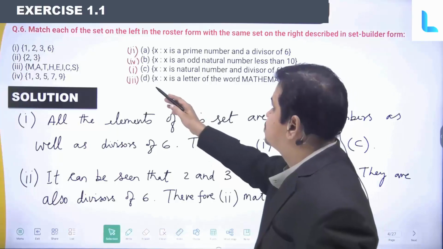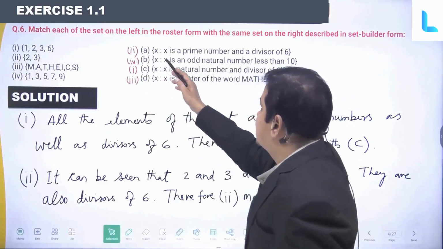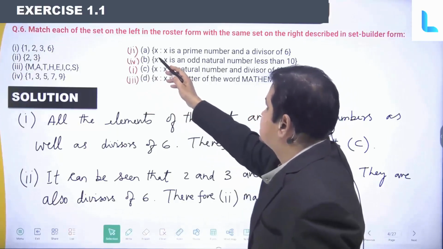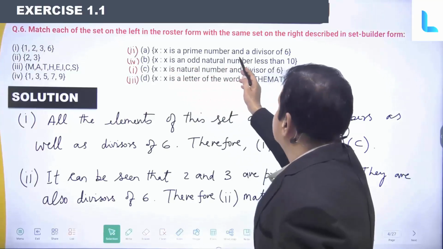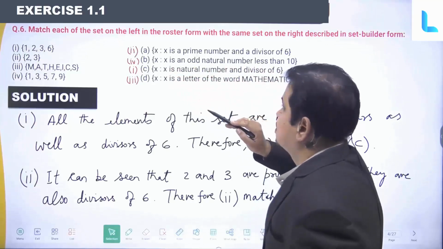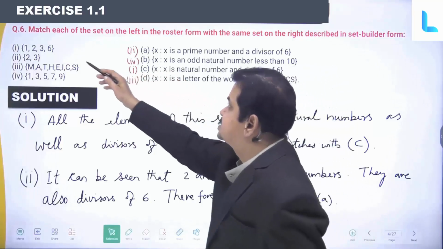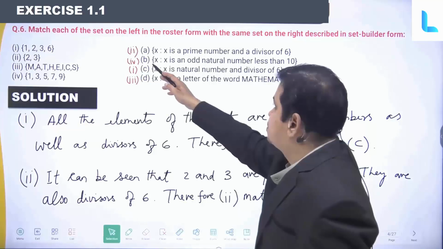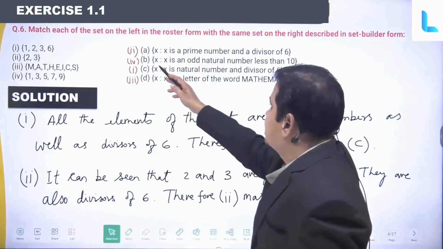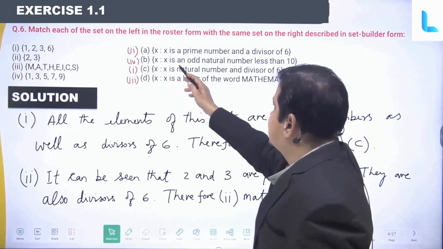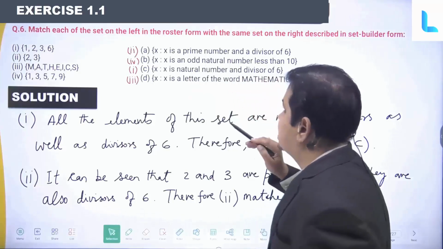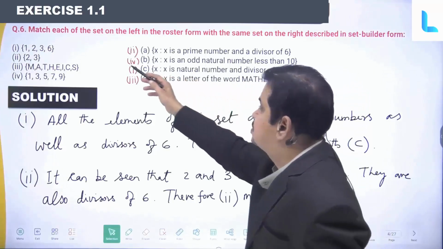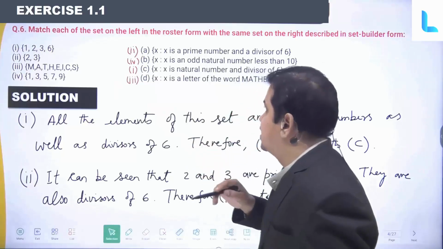So first you try to identify the set 1 with A. Here it is a different set, where x is a prime number and a divisor of 6. So this doesn't match with item number 1. Similarly going to item number B, containing all x such that x is an odd natural number less than 10. This also does not match with 1.